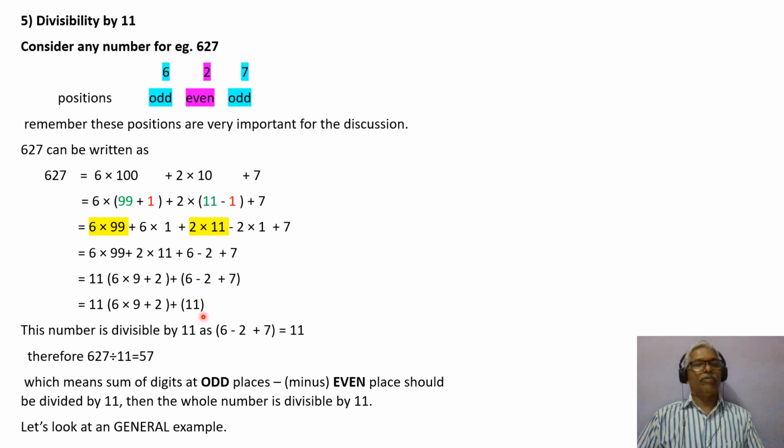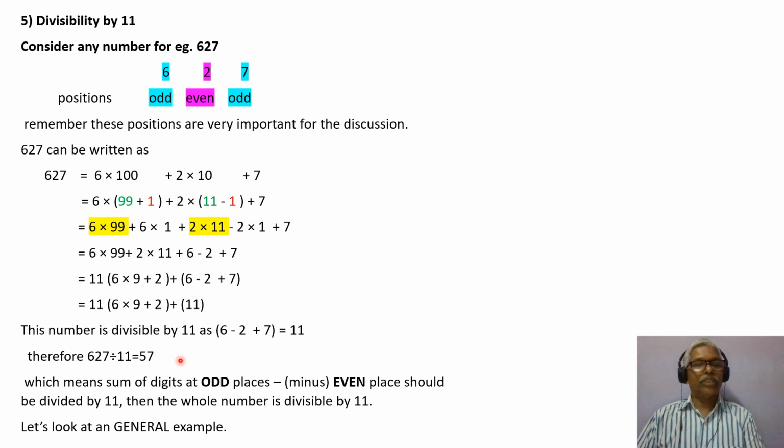This is divisible by 11 again. So this number is divisible by 11 as 6 minus 2 plus 7, which is equal to 11, is divisible by 11. Therefore, 627 divided by 11 gives us the answer 57.